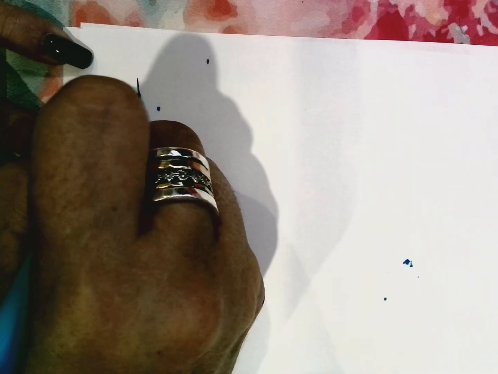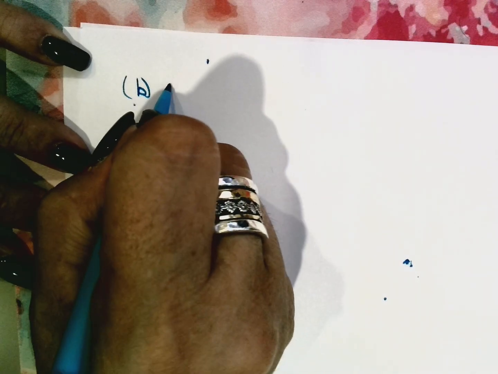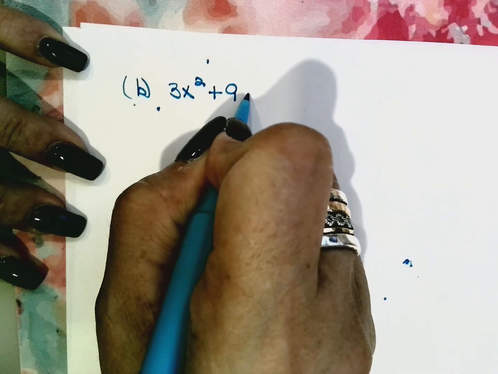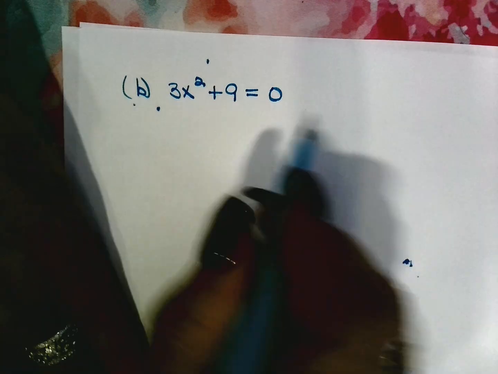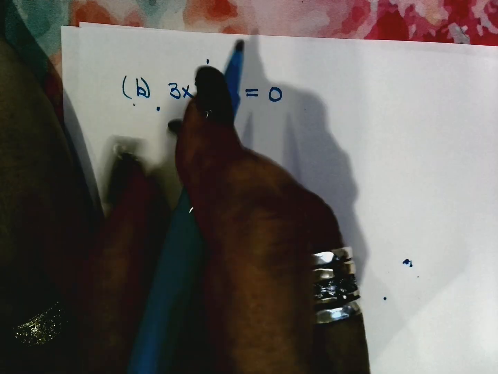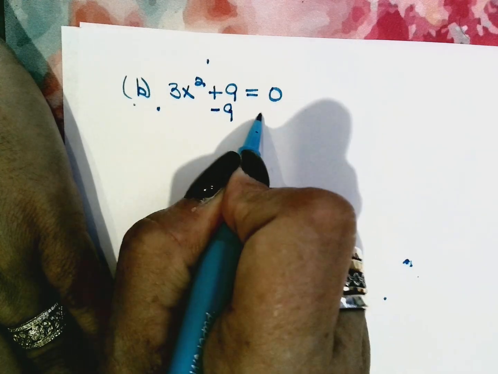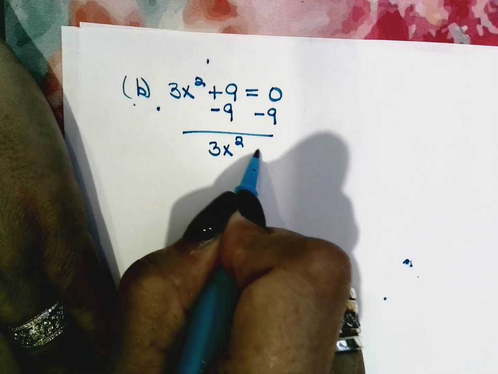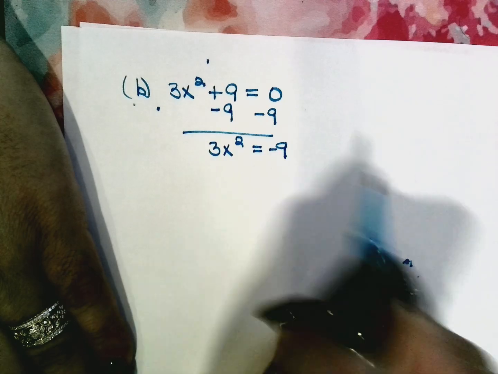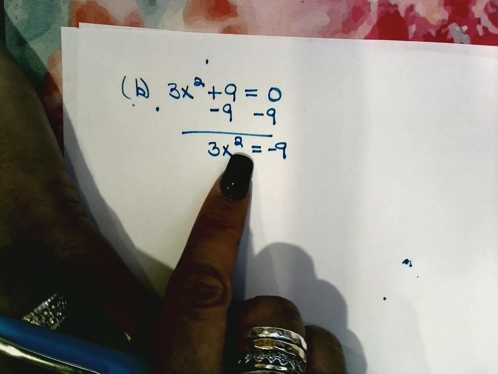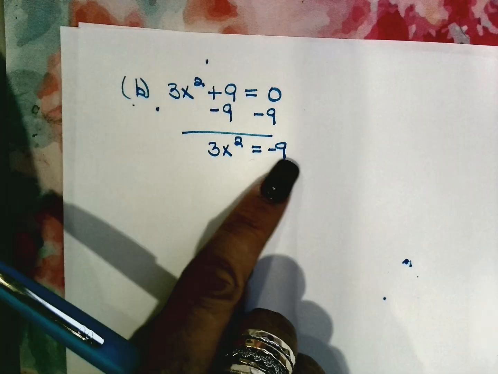So let's do part B. 3x squared plus 9 equals 0. Again, I'm going to move my constants to the right, so I'm going to subtract 9 from both sides. This is going to give me 3x squared equals negative 9. Now, my smarty pants students, you guys probably realize that this is something that can never be true, right?